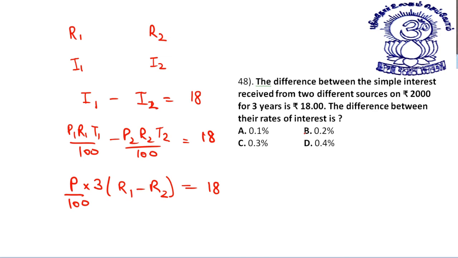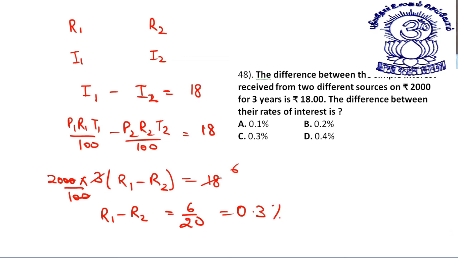The principal is given to us as 2000. It's easy actually. Double zero cancels, 3 cancels with 18 to give me 6. So what I'm left with, R1 minus R2, is equal to 6 by 20, that is equal to 0.3%, and so easily you can solve it.